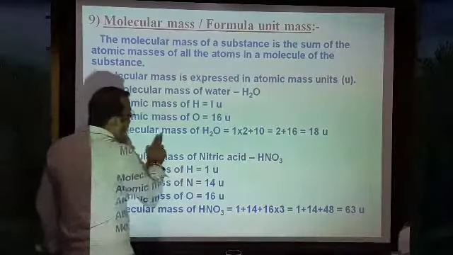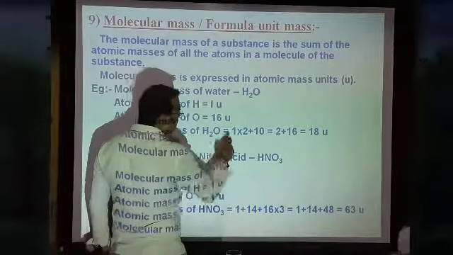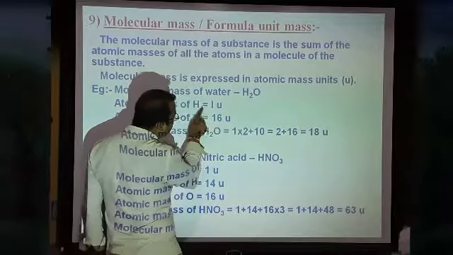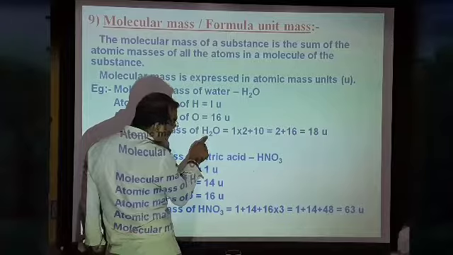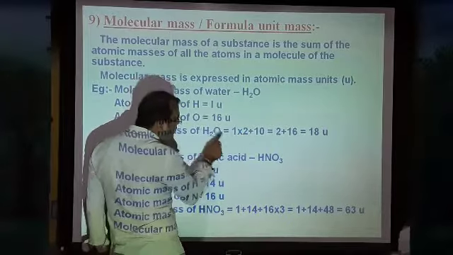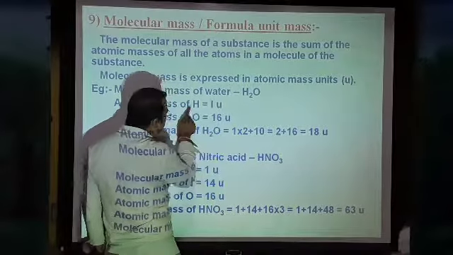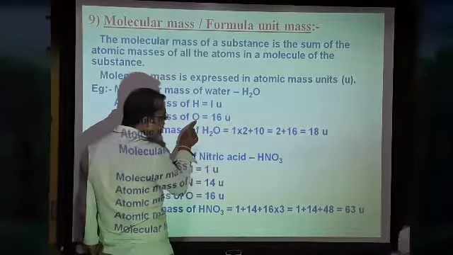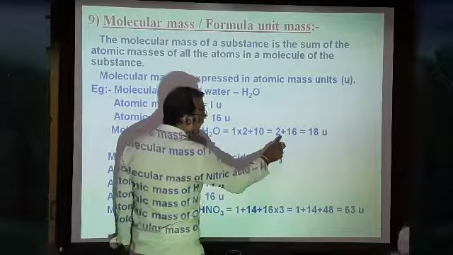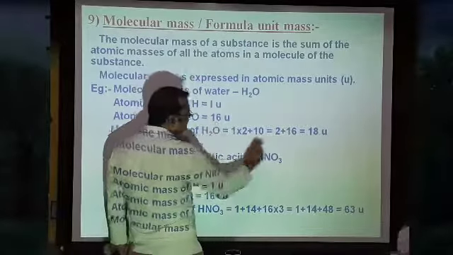See here, molecular mass of water. How many hydrogen atoms are there? 2. What is the mass of hydrogen? 1. So 2 into 1, plus oxygen. How many are there? 1, and its mass is 16.